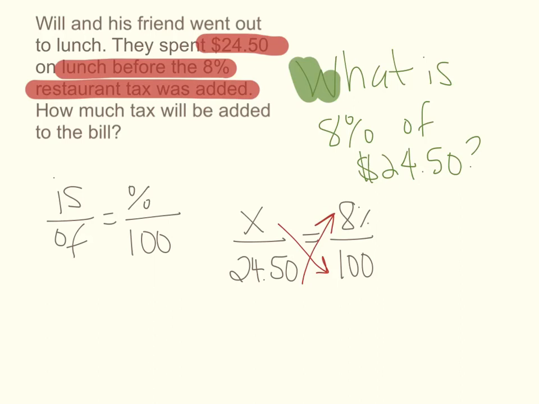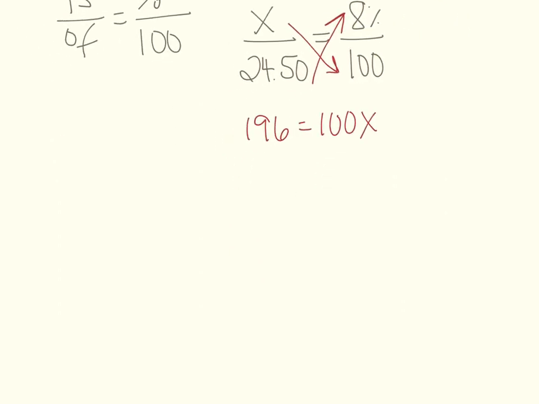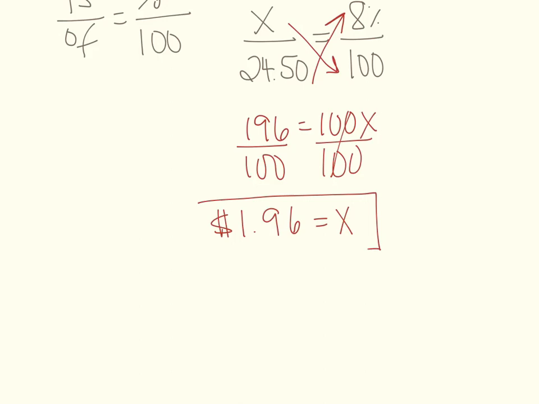And so when you do that, we get that $24.50 times 8 gives us 196 is equal to 100x. So from there I can just divide both sides by 100, and I find out that x is $1.96. This tells me that Will and his friend will have $1.96 added to their lunch bill for tax.